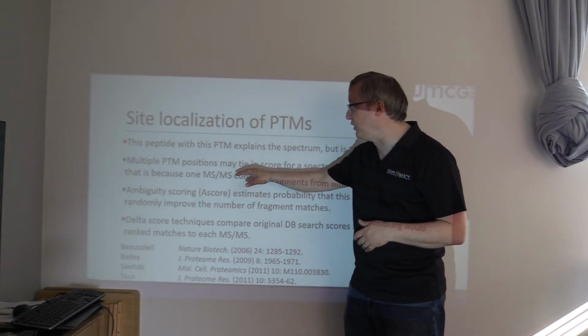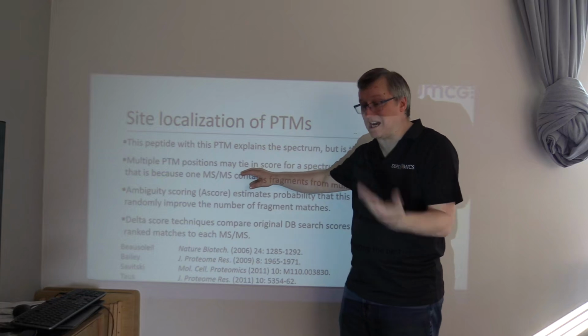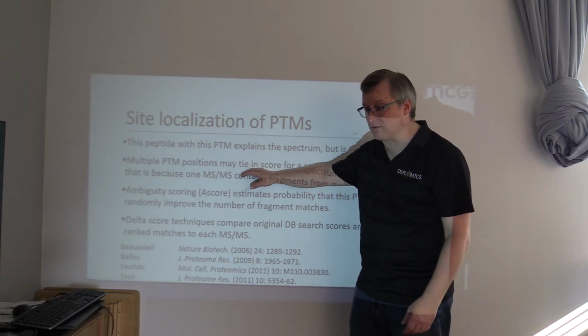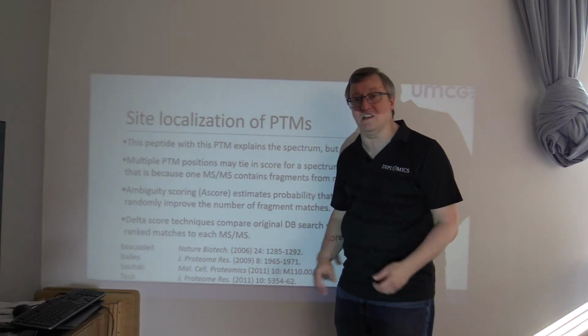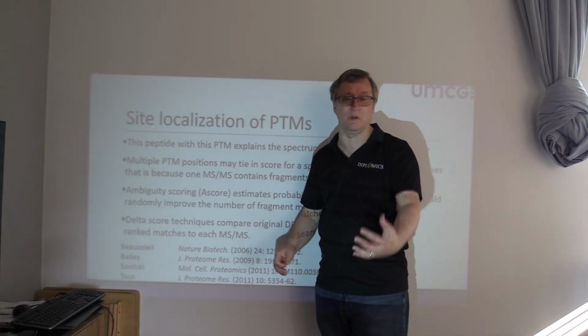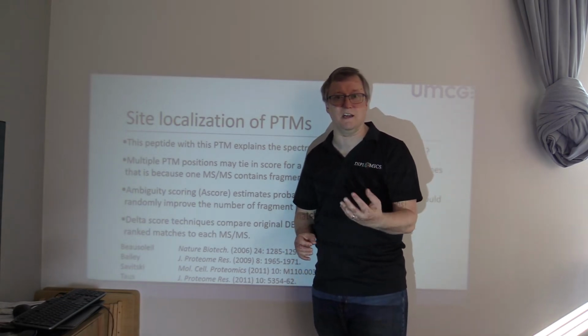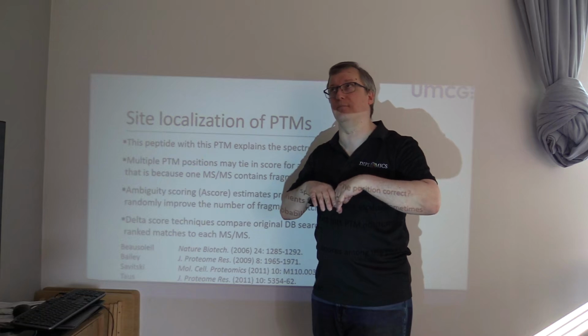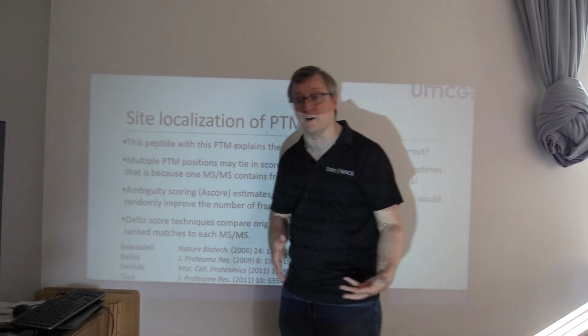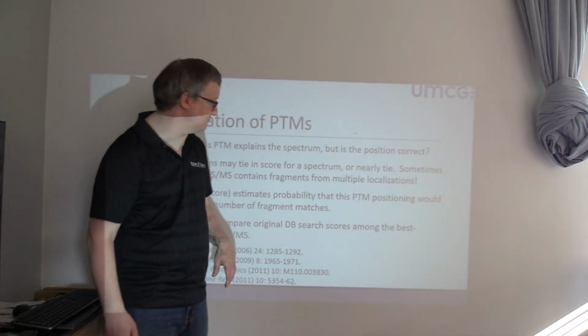It might be that multiple PTM positions create a tie for this particular spectrum. And it may be that in some cases an individual MS-MS represents data from fragments of multiple modification variants of that peptide.